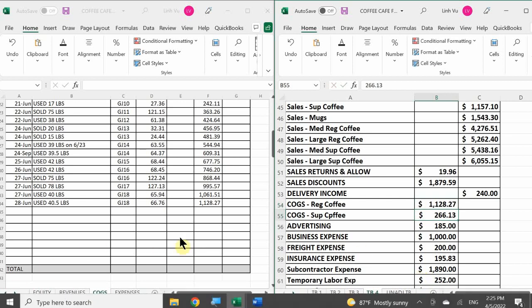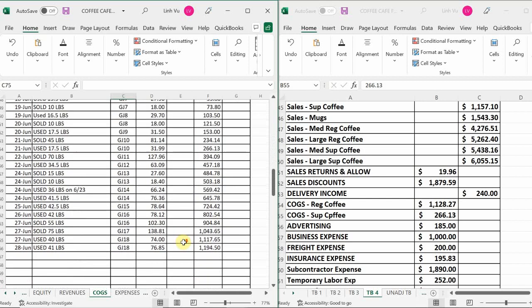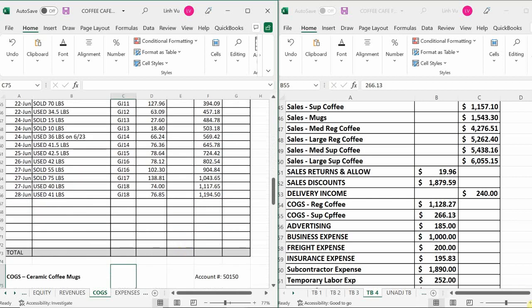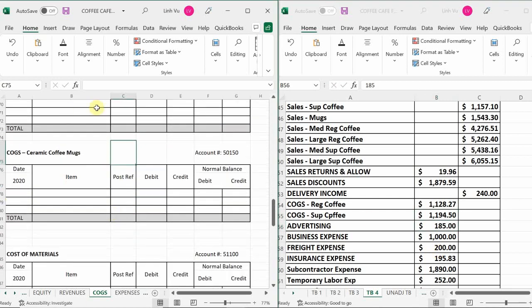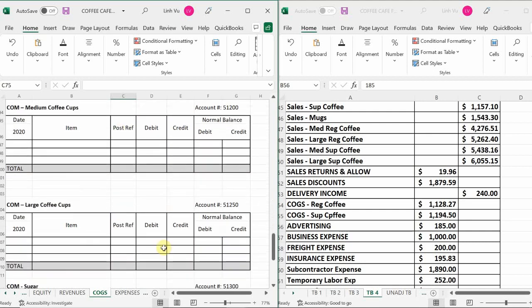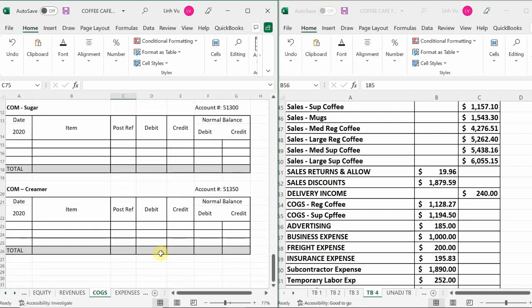And then my cost of goods sold for the Supreme coffee, $11.94.50. And that's it because we haven't done our periodic inventory yet, nor have we adjusted our business supplies yet. That will be a part of our adjustments.